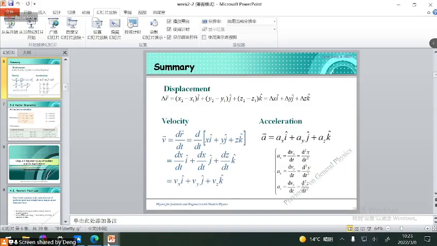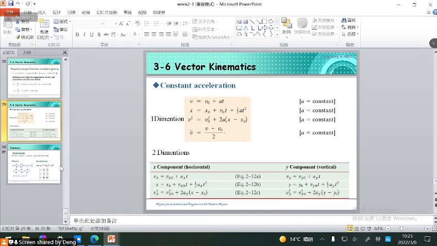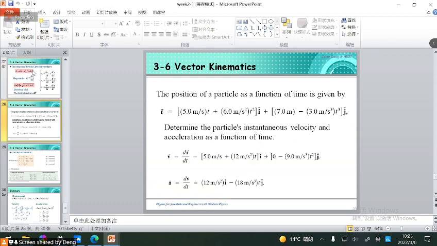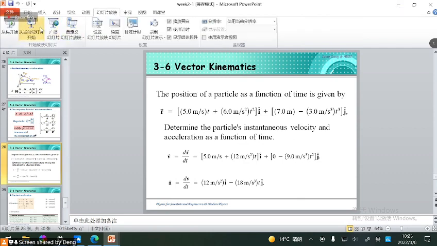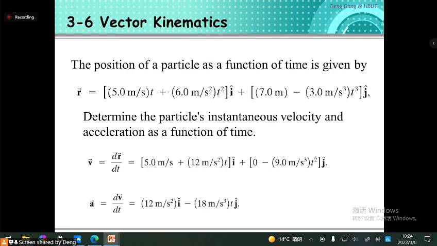Just like this one, the position of a particle as a function of time is given by this formula.